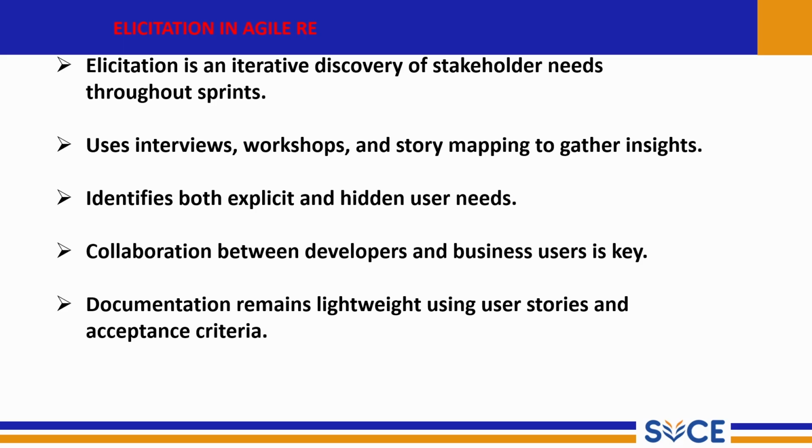Here the first step of requirement engineering is elicitation in agile requirement engineering. Elicitation is an iterative discovery of stakeholder needs throughout the sprints. It uses interviews, workshops and story mapping to gather insights.